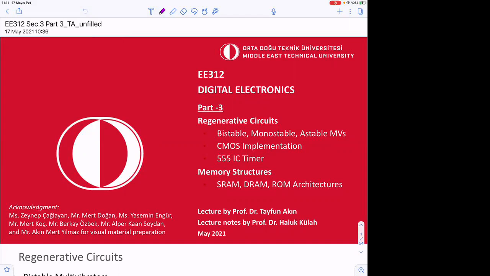These are the things that we will be covering: regenerative circuits, and these include bistable, monostable, or astable circuits.